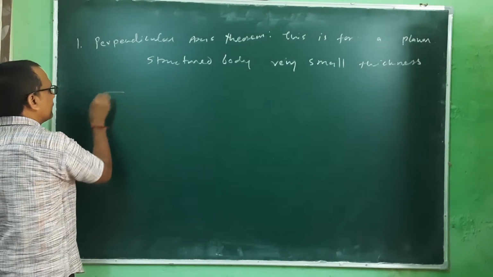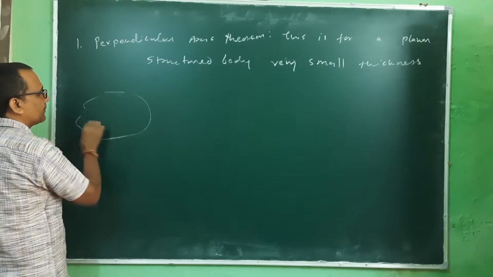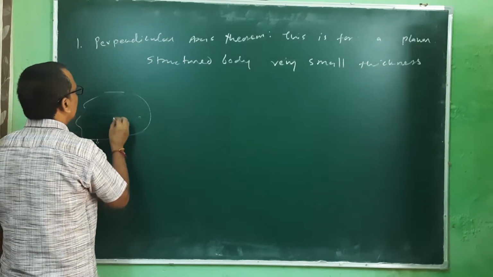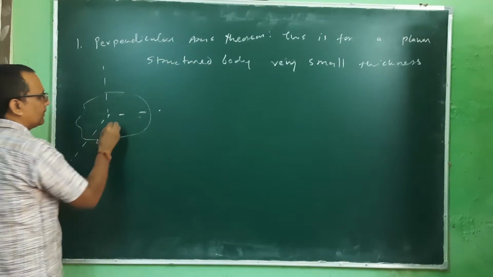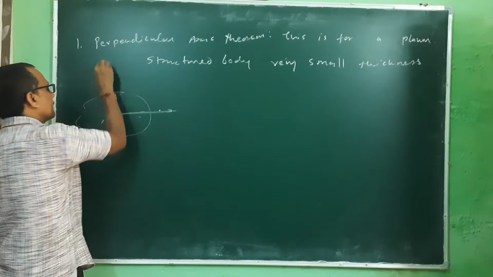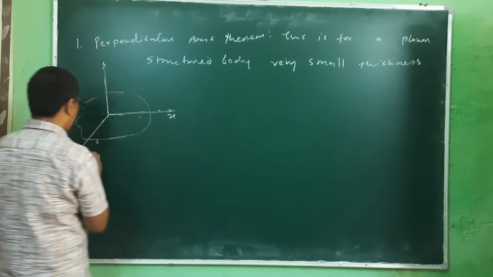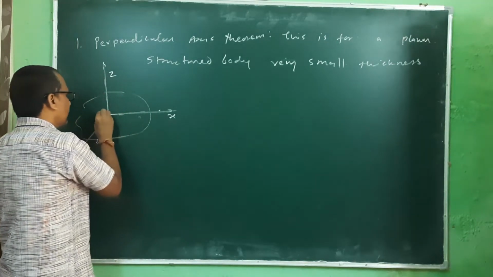So let us have this body, and the thickness is negligible, it is just planar, and we have three axes. Let's say this is x, this is y, and this is z. This is origin O.